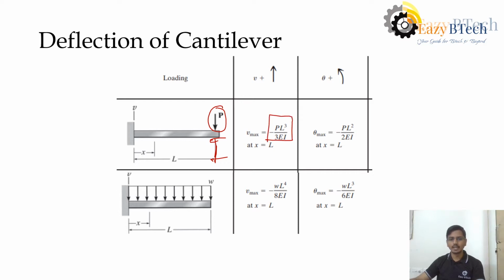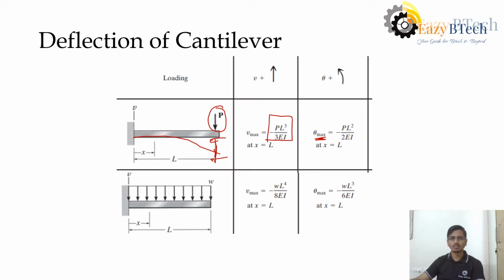Minus indicates downward direction. And what will be the rotation? The rotation at this point is given by theta equal to minus PL squared by 2EI. So this is also in downward direction.